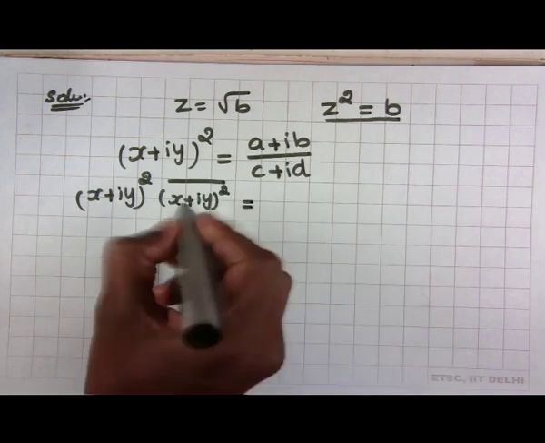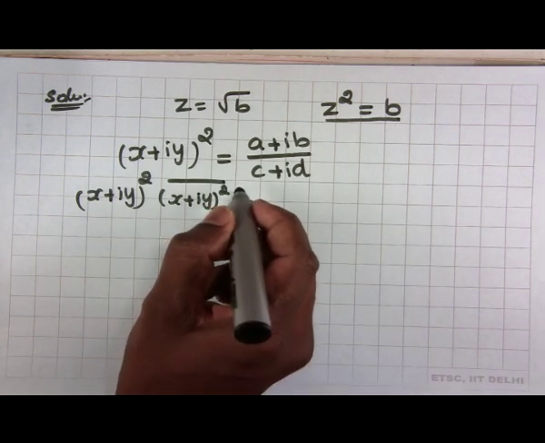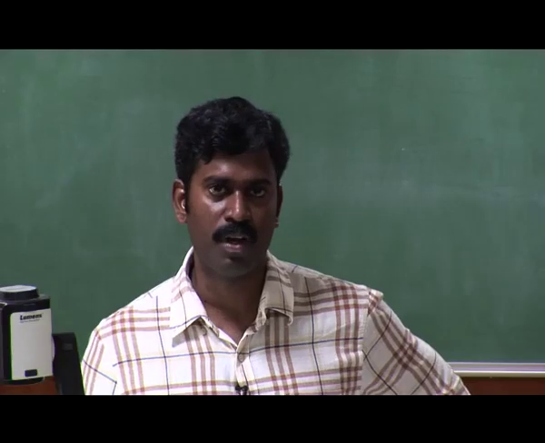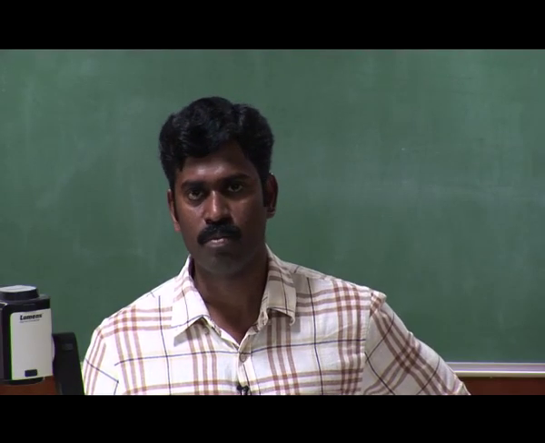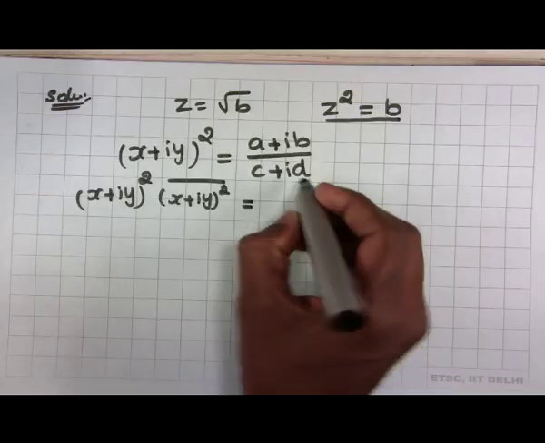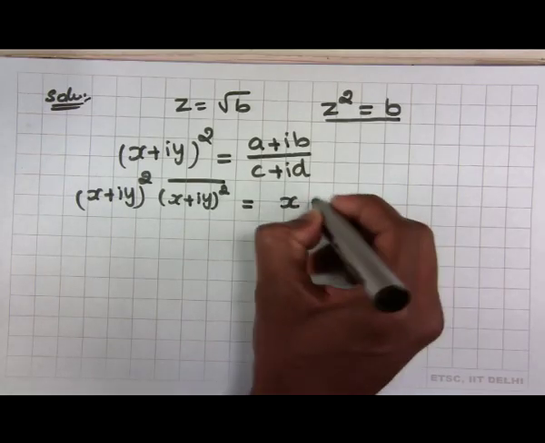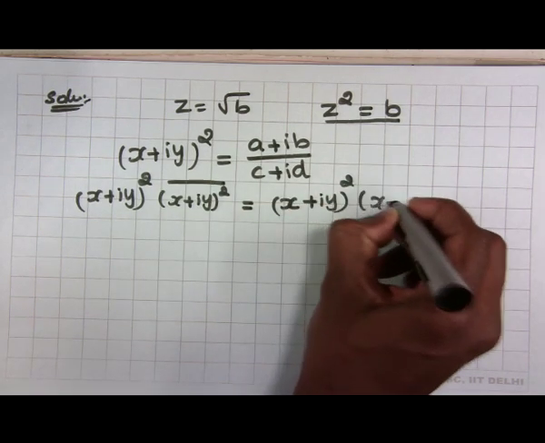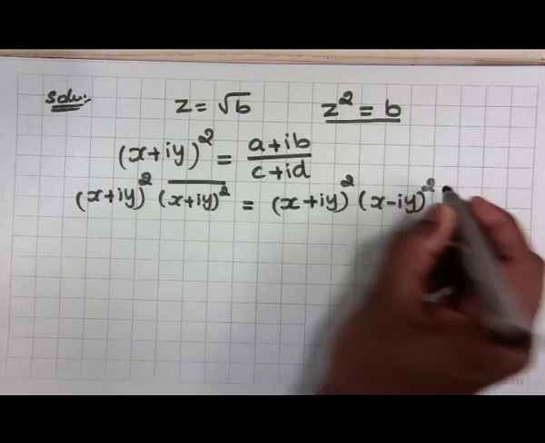Then again, by the previous properties, the conjugate of z1 z2 is given by z1 bar multiplied by z2 bar. So, by this relation you will see immediately it is x plus i y the square multiplied by x minus i y whole square.